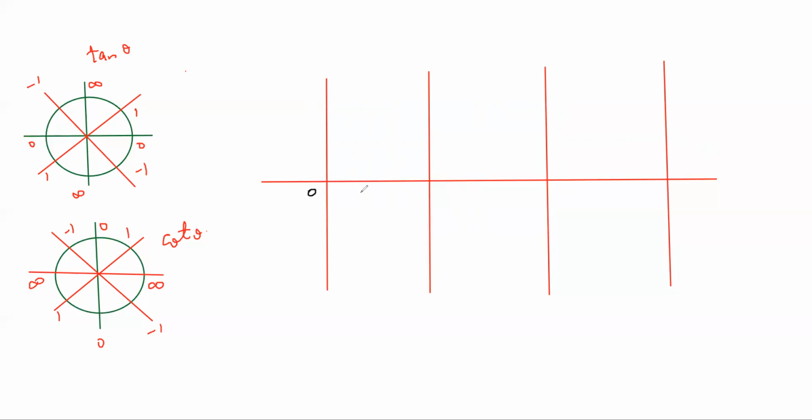Since we have the asymptotes, one is at 0, the next is at 180, the next one is at 360, and then there is going to be 540. Here it is your 90, this is 270, and then 45.